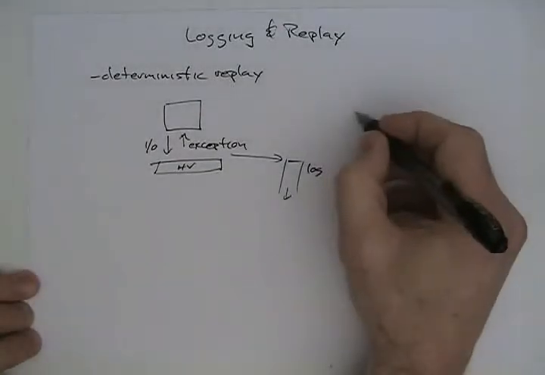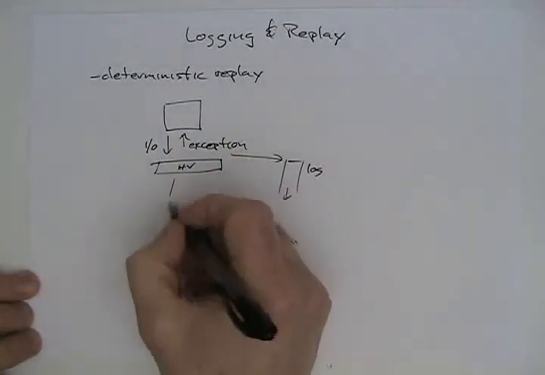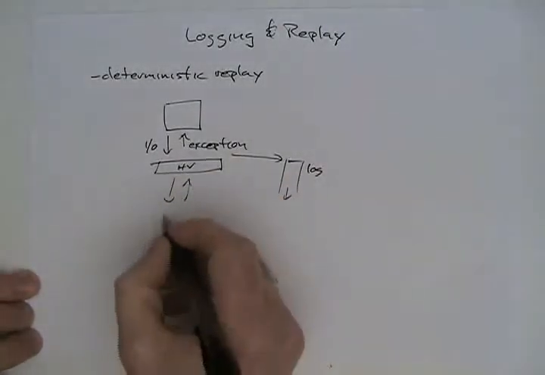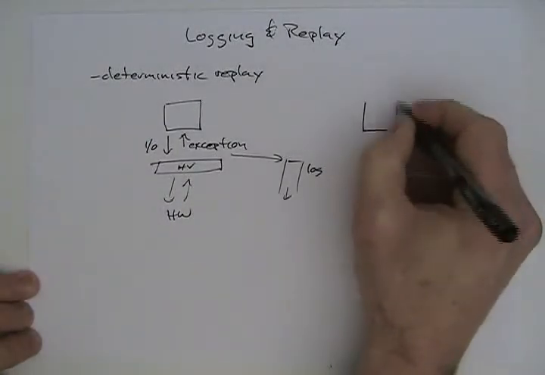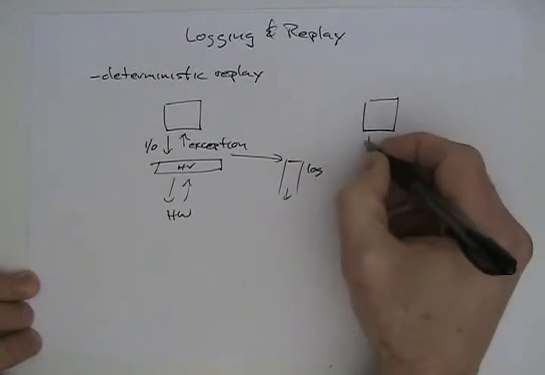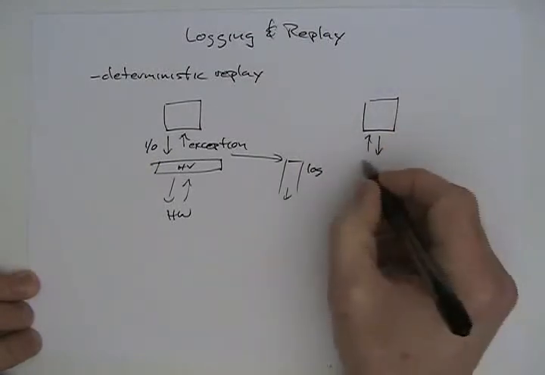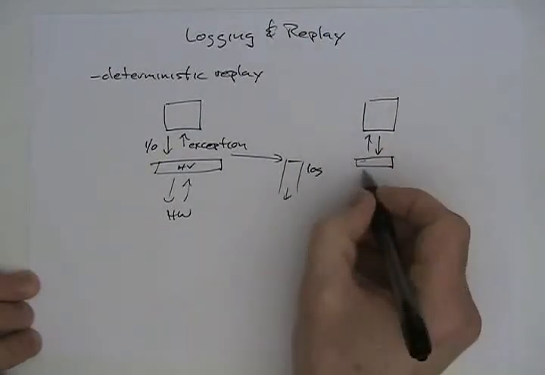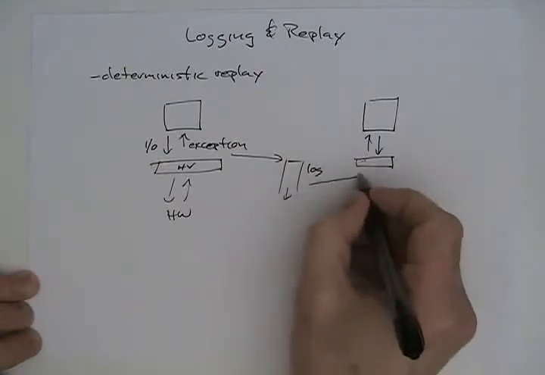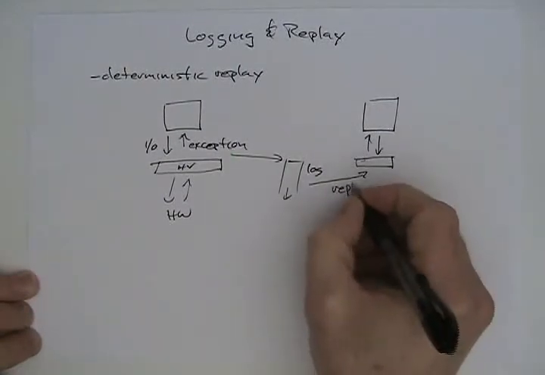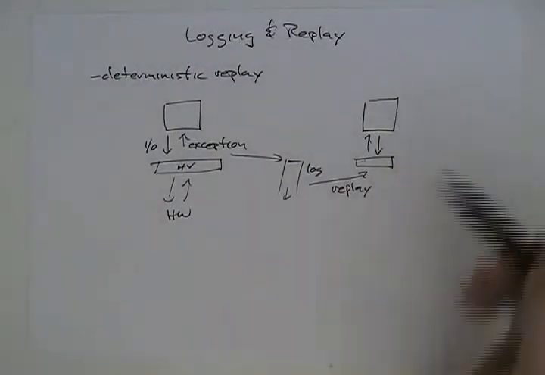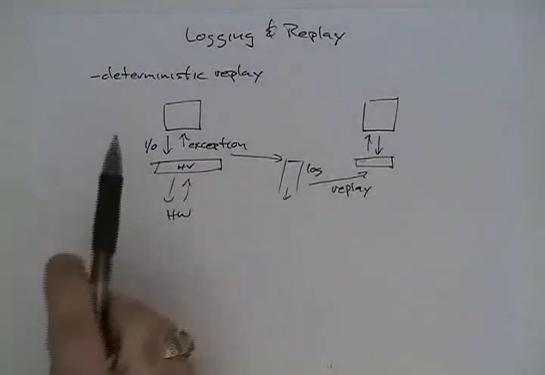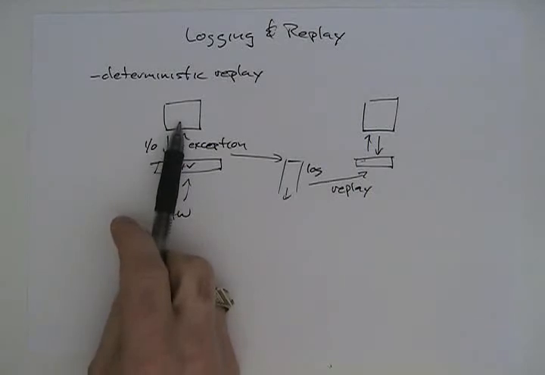Here this is actually going back and forth from real hardware. Now we can take another virtual machine, and the hypervisor can replay this log and cause this second virtual machine to precisely replay the execution of the first one.